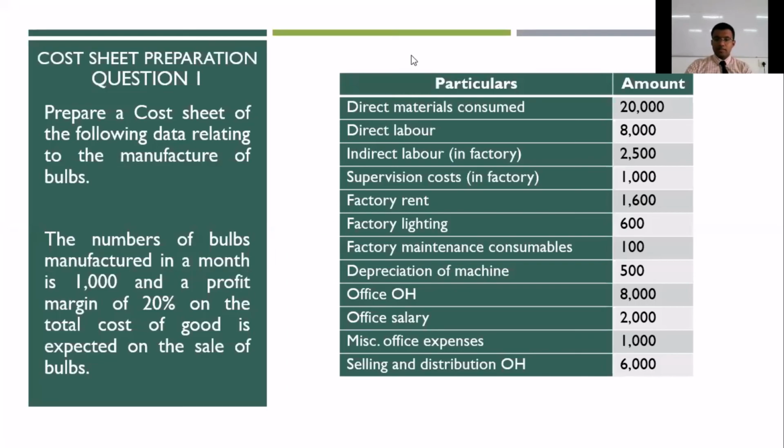In the meanwhile, someone sent me a message asking, why is carriage inward a prime cost? Because it's transportation cost. Yes, you're absolutely correct. But it is a prime cost because it is directly a part of your manufacturing process. Without the raw material in your factory, you cannot start your manufacturing.